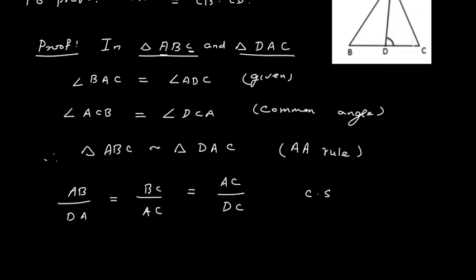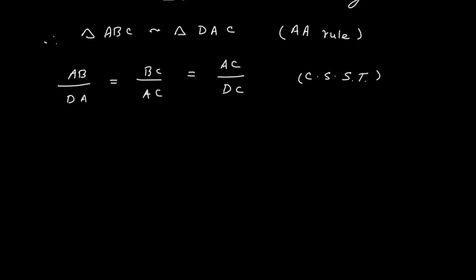These are corresponding sides of similar triangles. Now, here I have side AC and here I have side AC. In the problem it is AC square. So from here you just take BC upon AC equals AC upon DC. Therefore you cross multiply, and you will say that BC into DC is equal to AC square.